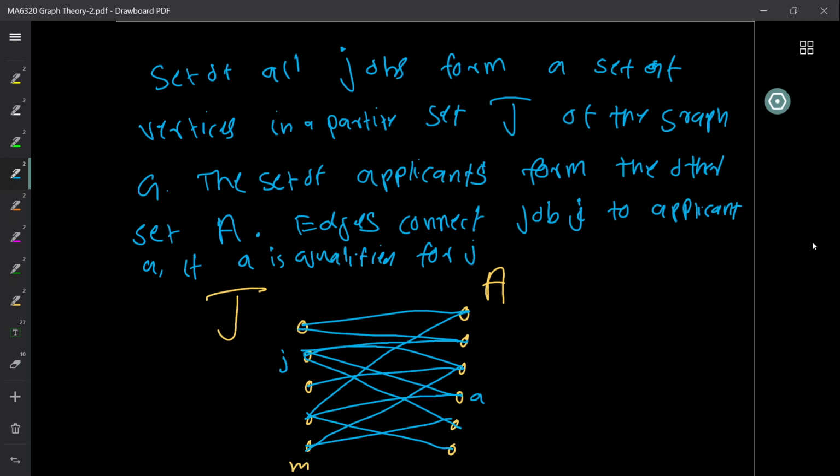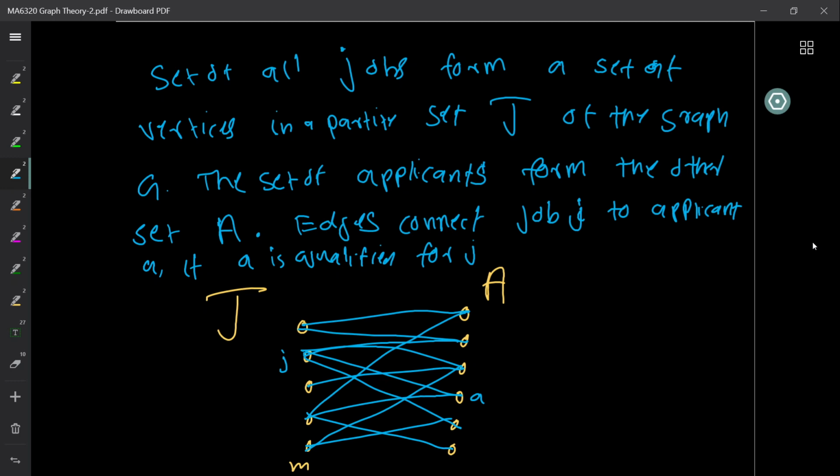And now the question reduces to asking whether you can find a set of pairwise non-adjacent edges which are of size at least m.